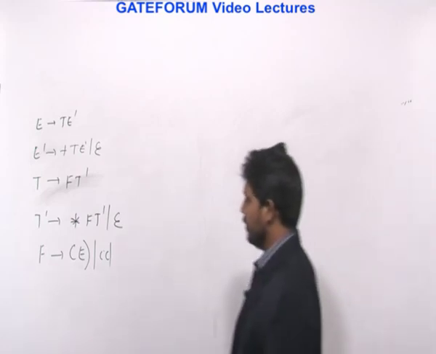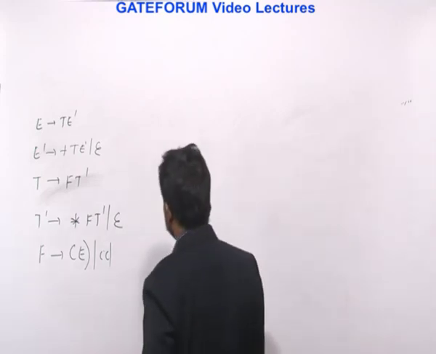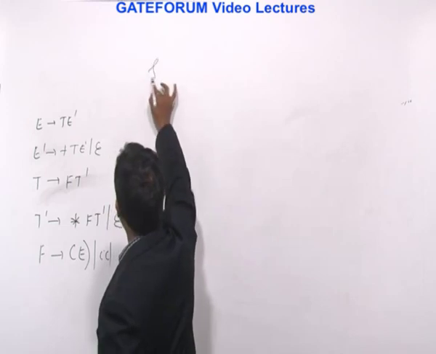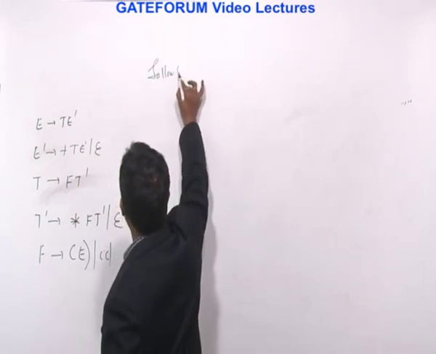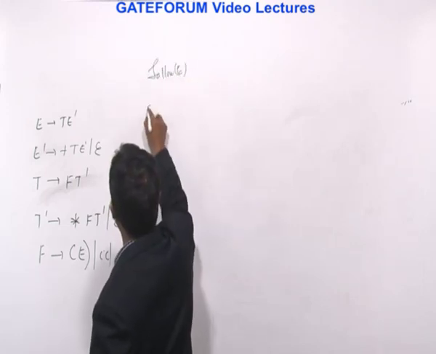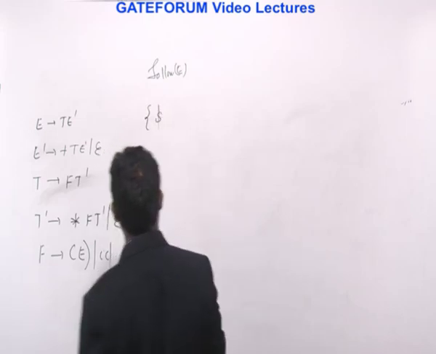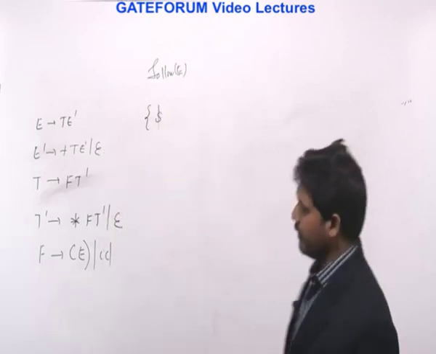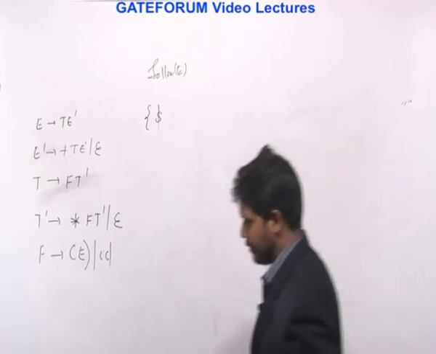Let's start. Where you calculate does not matter in this case. We are calculating all follow sets. So follow of E: by default you include dollar, and then you search wherever E is present on the right hand side of a production.